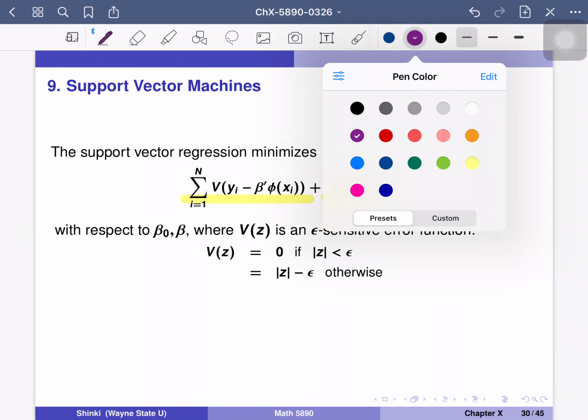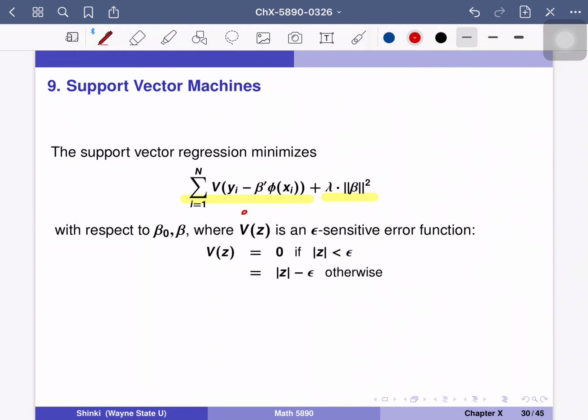Remember that the first part is error and the second part is complexity. So we optimize between smaller error and a smaller, simpler model. And here, lambda is a hyperparameter, so you have to optimize this in some way, such as cross-validation.